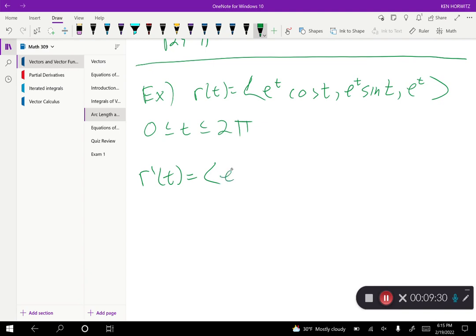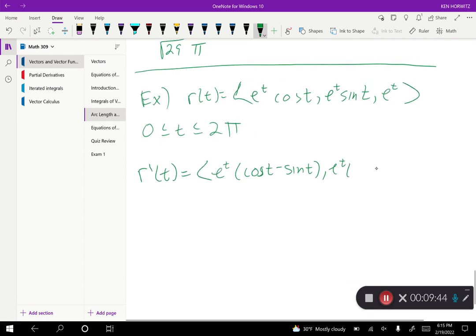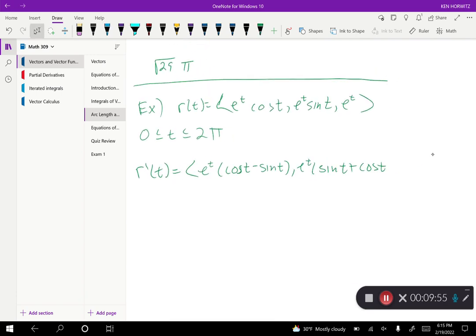So my derivative I got was e to the t cosine t minus sine t e to the t, sine t plus cosine t e to the t.